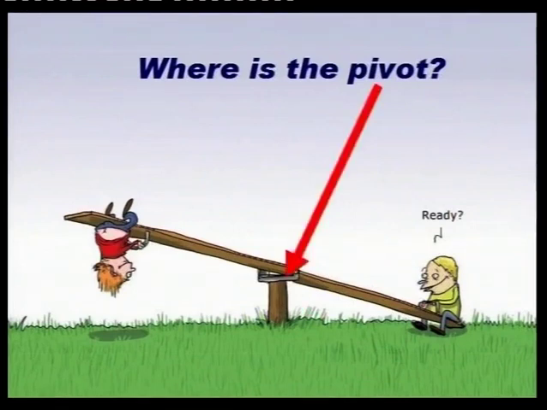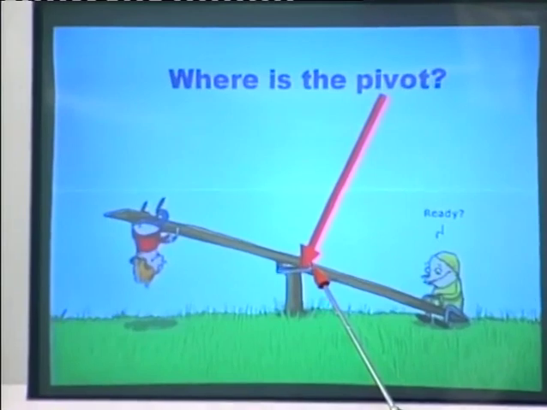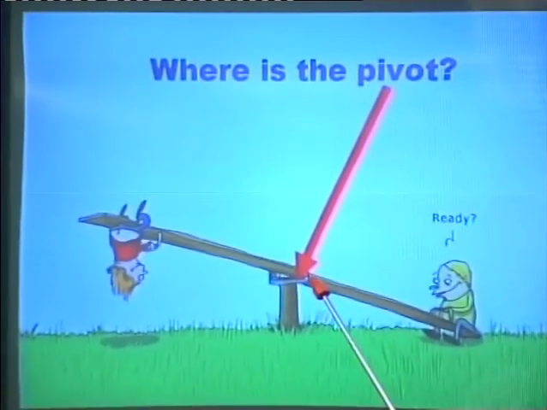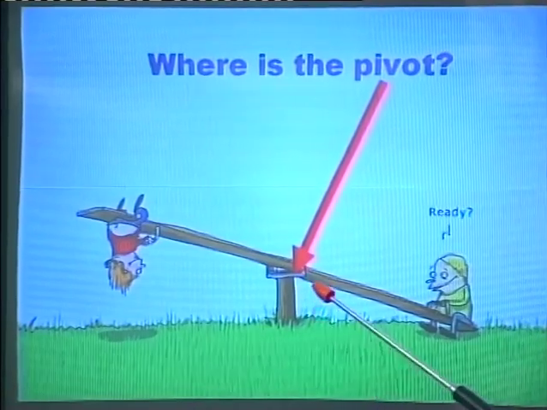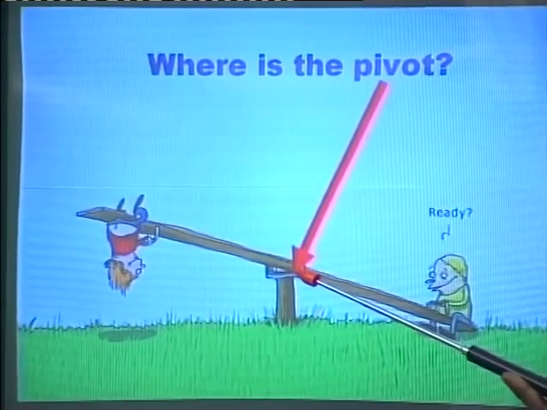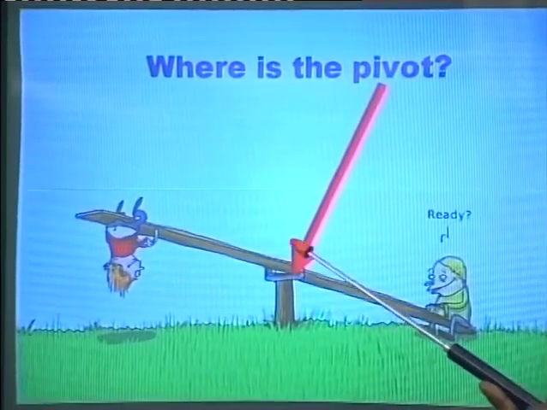Okay, the pivot is just above where the seesaw is. See this? This is the fulcrum, but the pivot is up there. That is why it is on a fixed point, moving up and down. The pivot will be up there where that seesaw comes and rests.